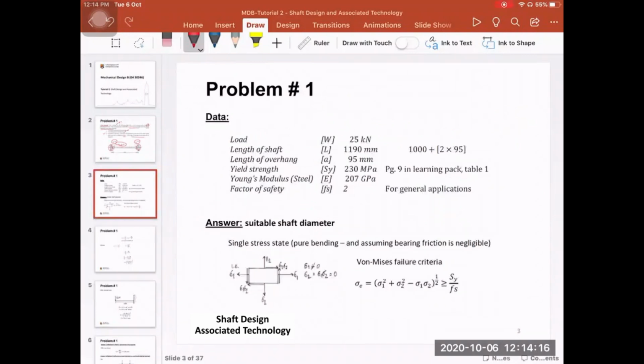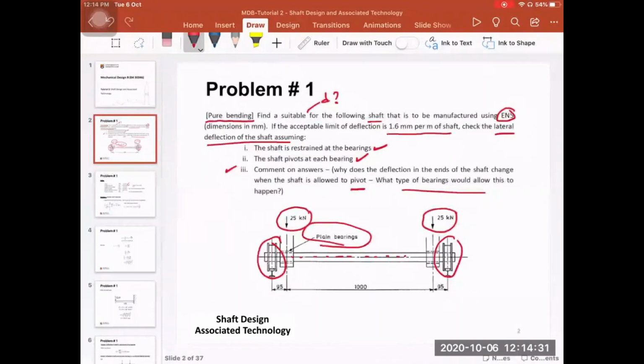So the information that is given in the problem: first, the load is given, as you've seen, it's 25 kilonewton on each side. The total length of the shaft is 1190 millimeter. If I go back here, you see it's 1 meter between the 2 bearings, and then you have 95 millimeter on each side.